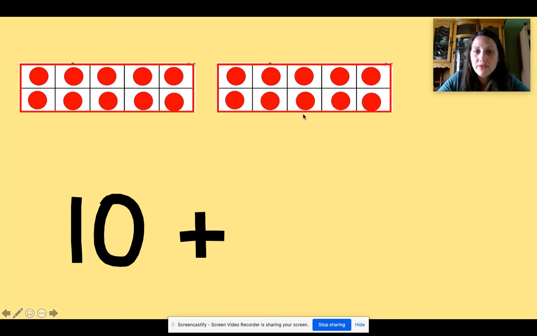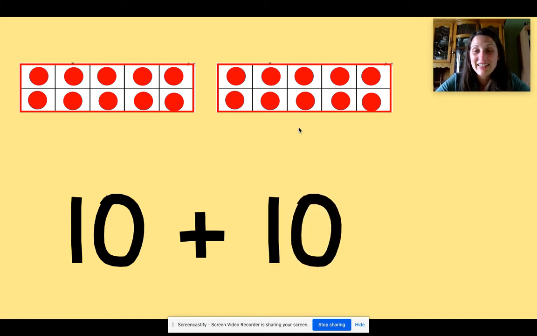How many counters are in my second full tens frame? If it's full, we don't need to count. We know that it has 10. And when we put all of those counters together, what does that equal? Well, we can count all of the counters to find out.